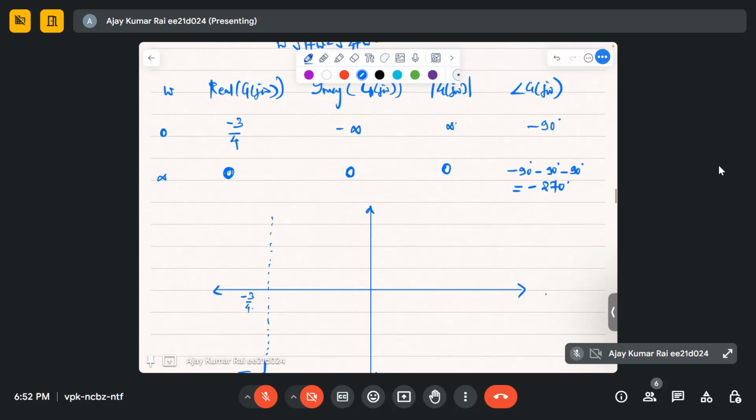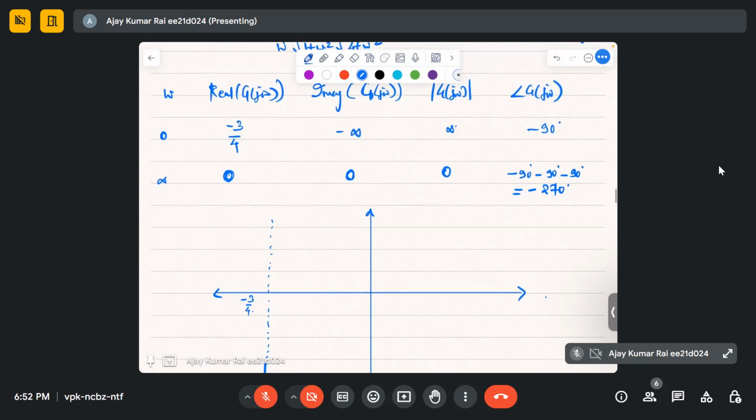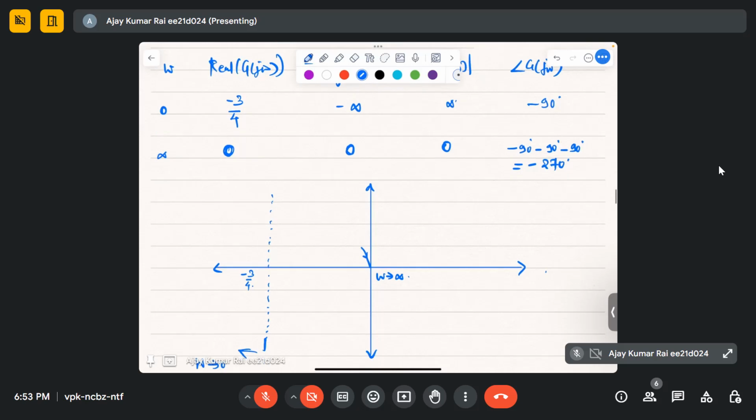The ending point is at the origin, where real and imaginary parts are both equal to 0, and the angle is minus 270 degree. So this is the final point at omega equal to infinity.